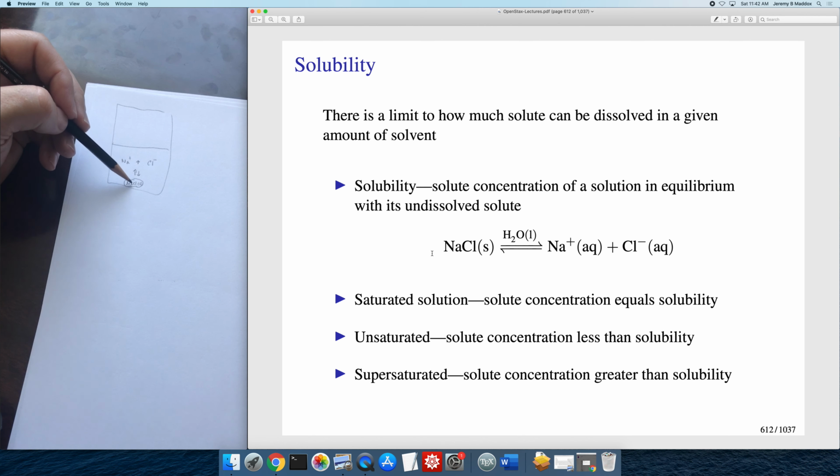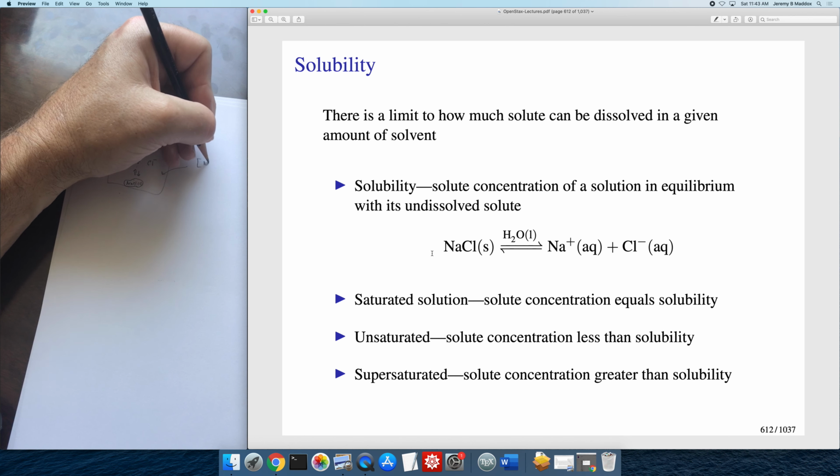And because the rate at which the ions leave the solid equals the rate at which the ions come back to the solid, there's no net change in the concentration of the ions nor the mass of the undissolved solid.